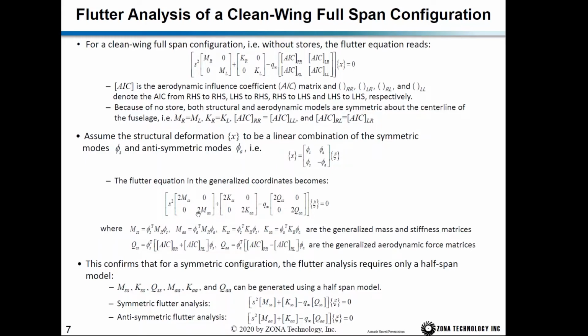So this confirms that for a symmetric configuration, the Flutter analysis requires only a half-span model. You use the half-span model, and you generate a symmetric mode and anti-symmetric mode, and you generate a symmetric AIC and anti-symmetric AIC. Then you can perform a symmetric Flutter analysis and an anti-symmetric Flutter analysis.